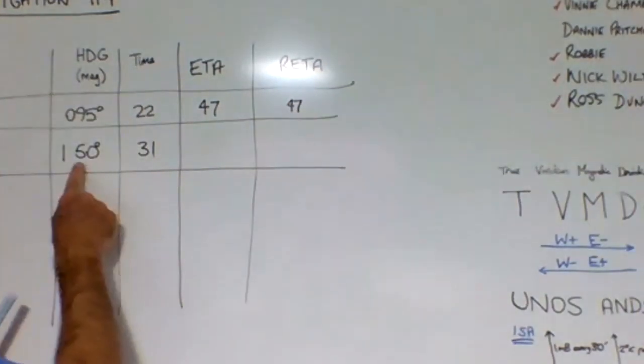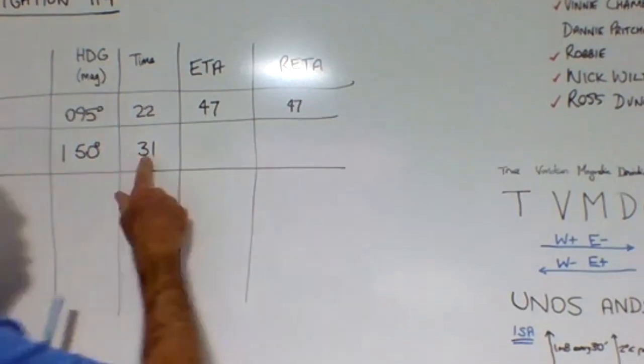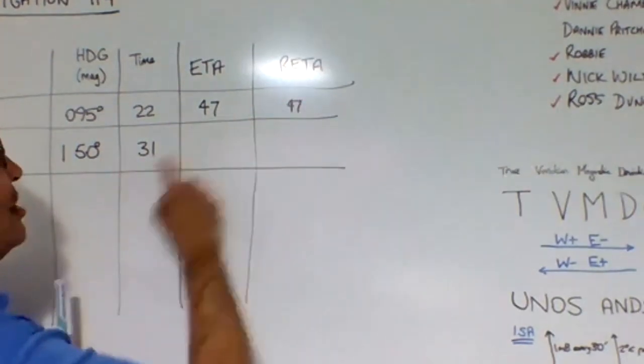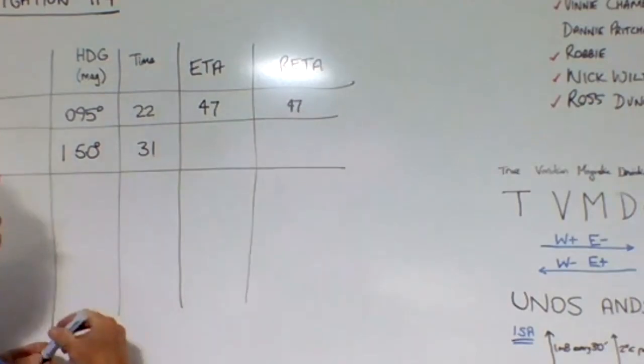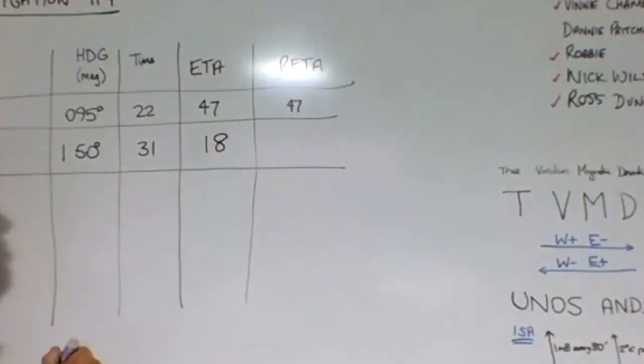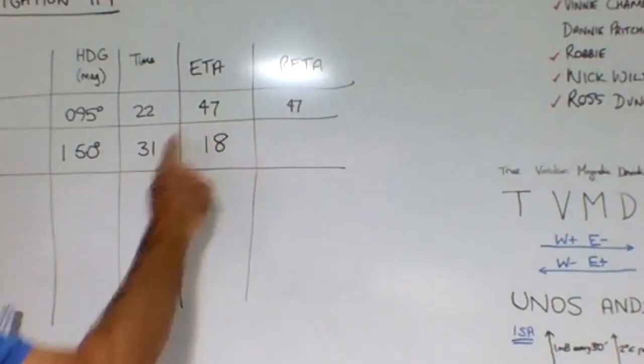We turn onto our new heading of 150, and then I'd add 31 onto 47, which would be 78, which would be 18. So that means our ETA for the next waypoint is going to be 18 minutes past.